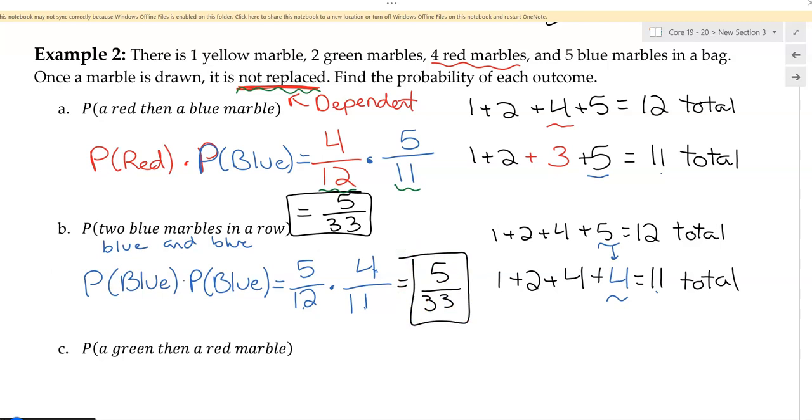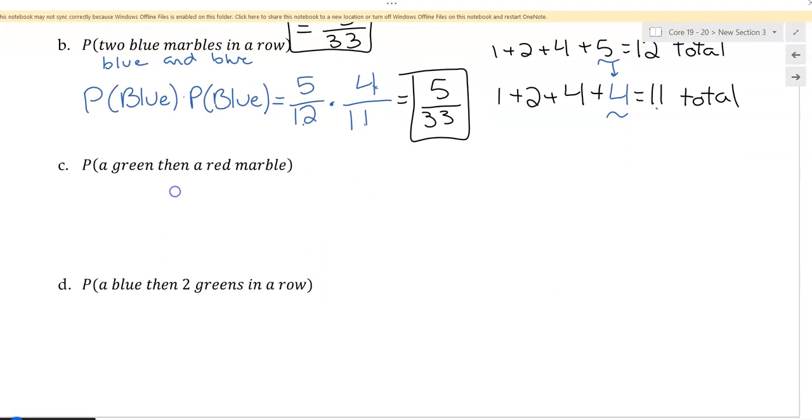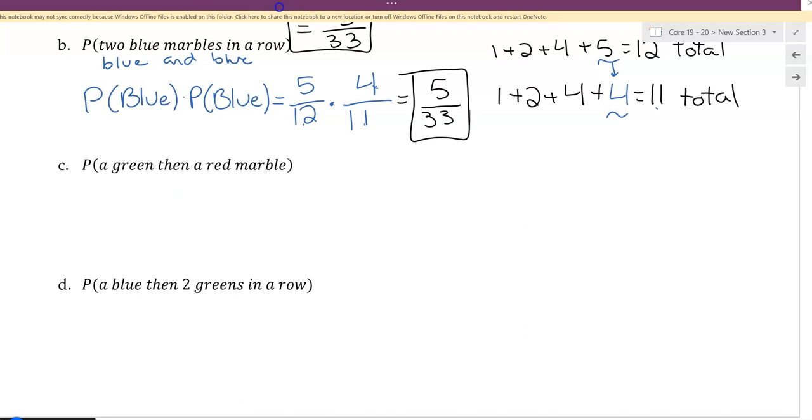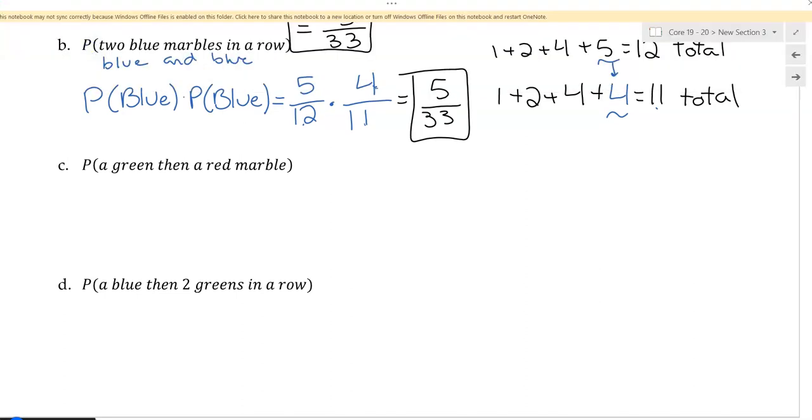All right, last question. A green, oh, nope, just kidding. 2 more questions. A green, then a red marble. Right? I have 1, 2, 4, 5. So we still have 12 total.